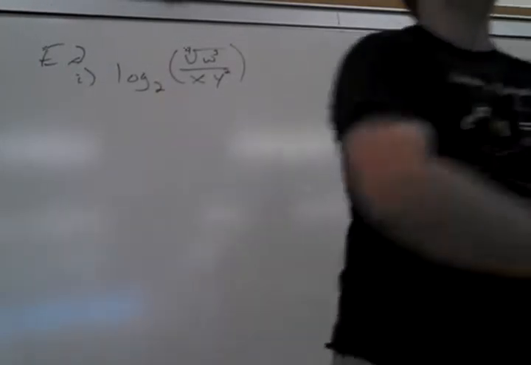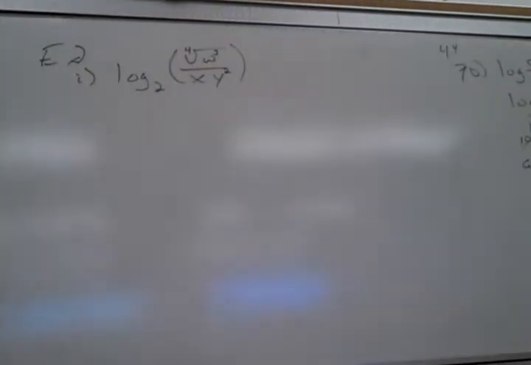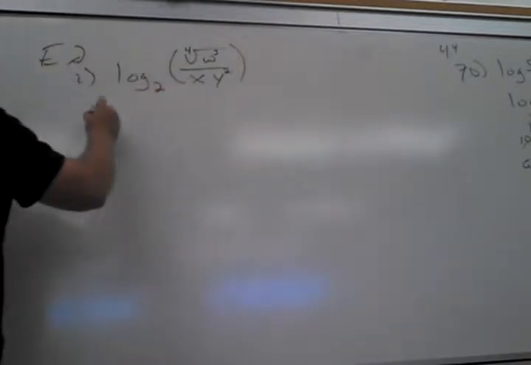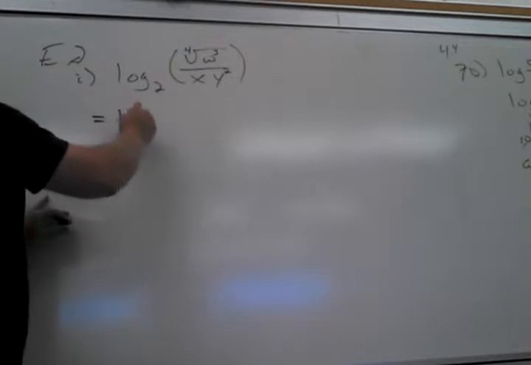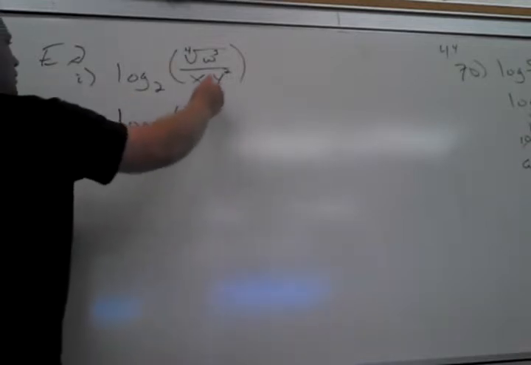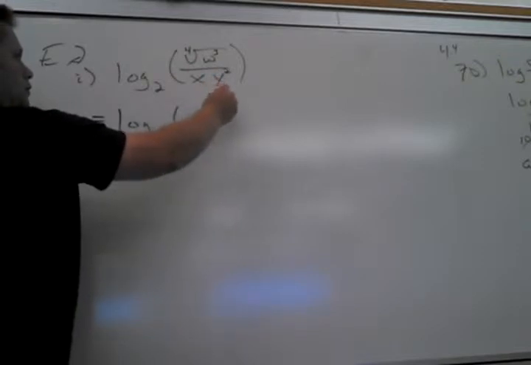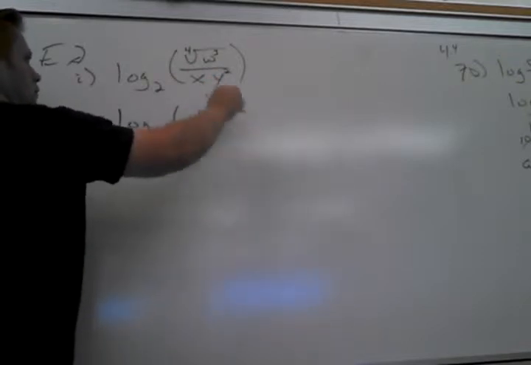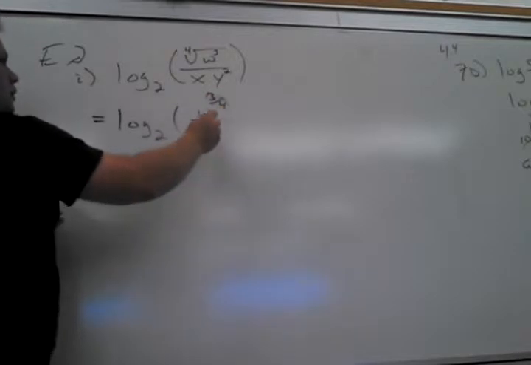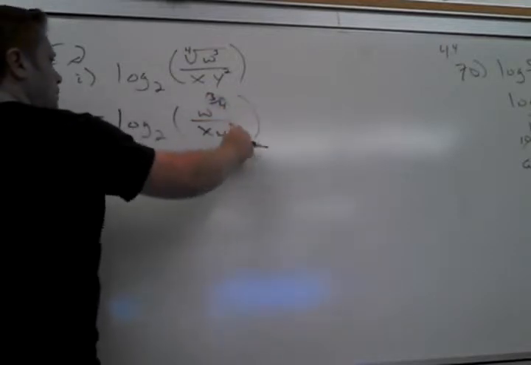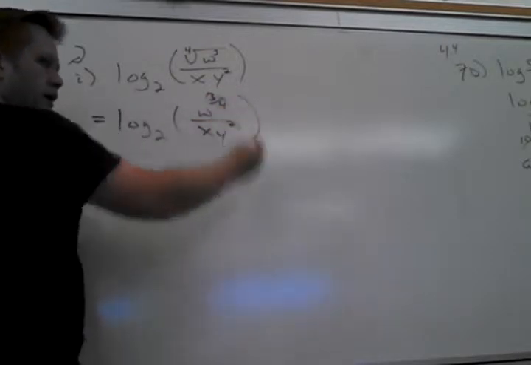Okay. I don't know how to do this. All right, guys. So let's see. What's a good first step? Good first step here is, like I said, how do we rewrite this as a power? Let's get 3/4. Now, the one thing you have to be careful about is the fact that both of these are on the bottom.